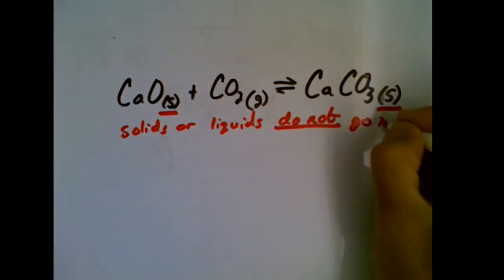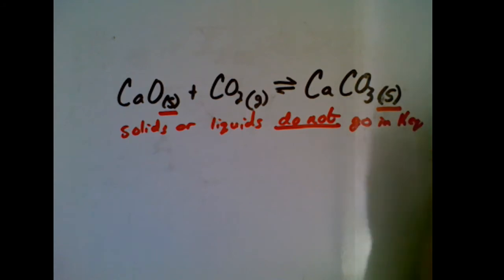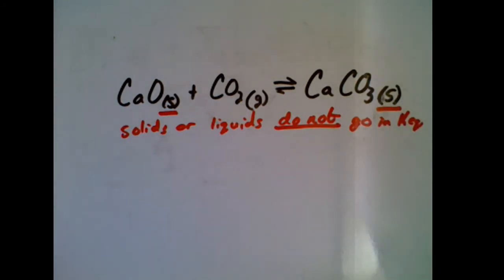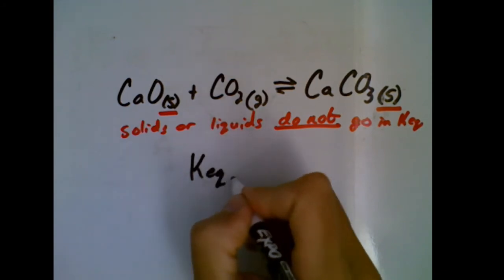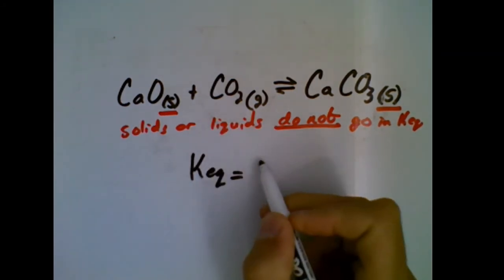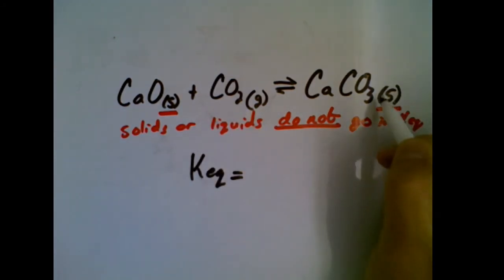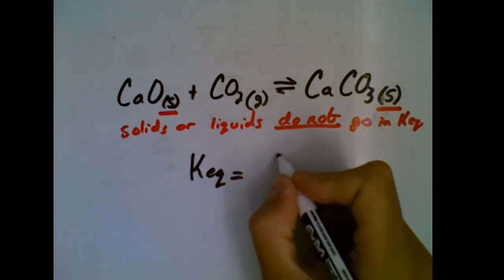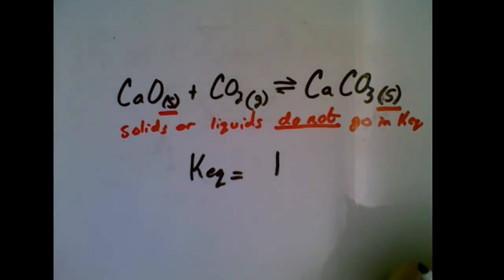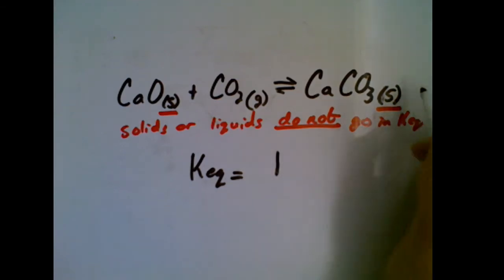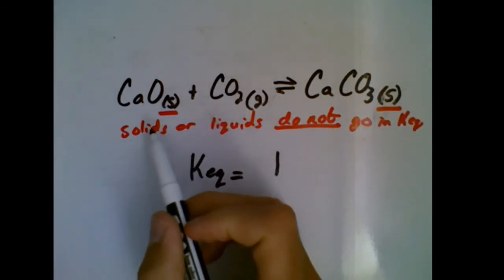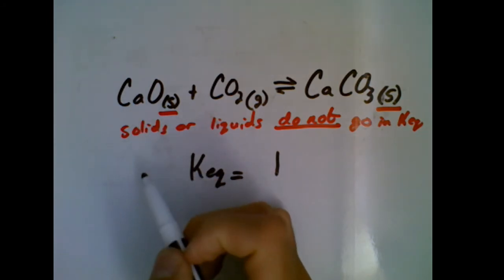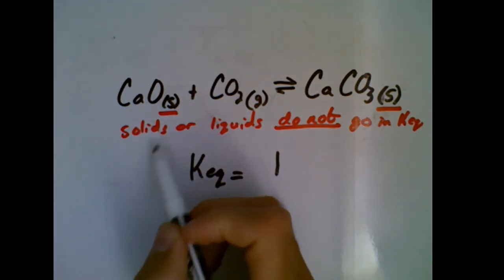solids and liquids do not go in KEQ. So what that means for this equation is the KEQ would be our concentration of products, but because it's a solid, we're going to replace it just with the number 1. There is no product that is either aqueous or gas. The only things that go in KEQ are aqueous things or gaseous things.